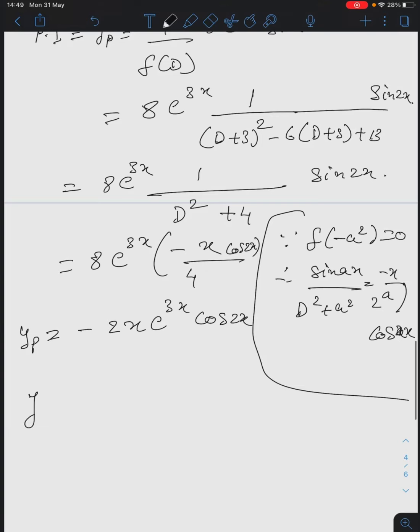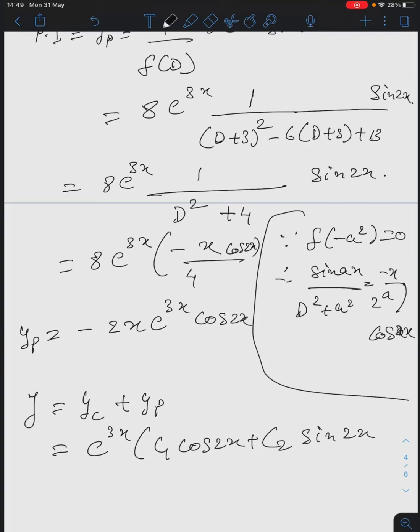So finally, general solution, you give the heading, hence the general solution is y is equal to yc plus yp, which will be equal to e to the power 3x c1 cos 2x plus c2 sin 2x minus 2x into e to the power 3x cos 2x.